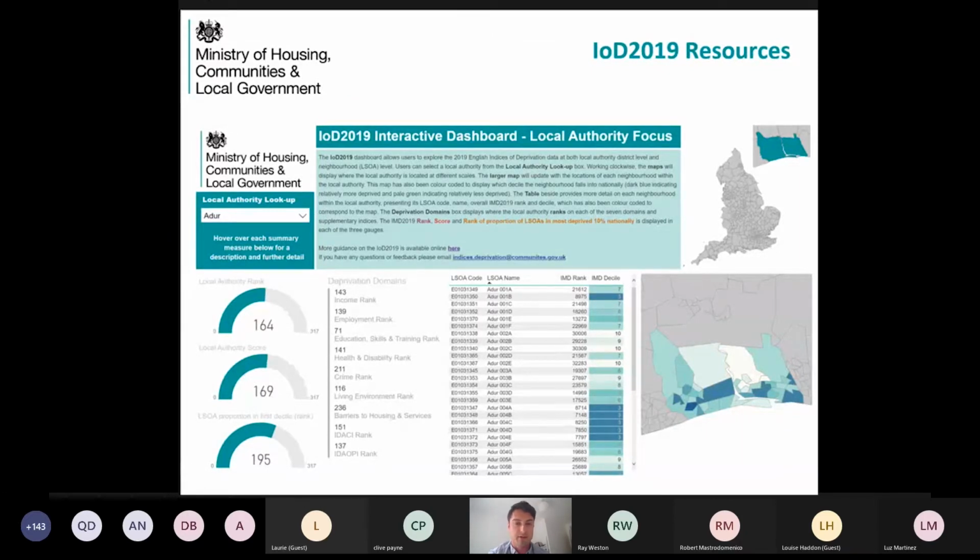So in the top right, you have a map of England, and then in the bottom right, you'll have all the LSOAs attached to the LA, which has been selected from the local area lookup on the left-hand side. And it's just a range of summary statistics, which are also available in many other ways on our website. Next slide, please.